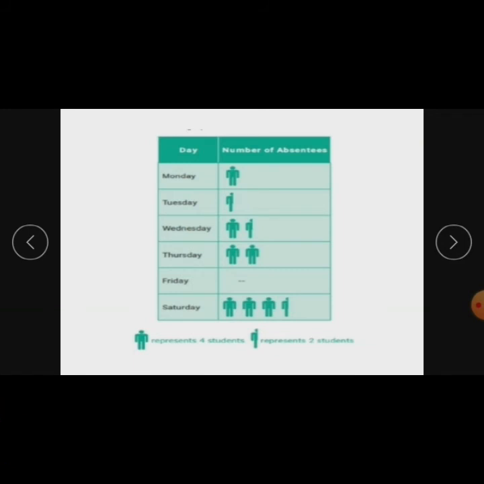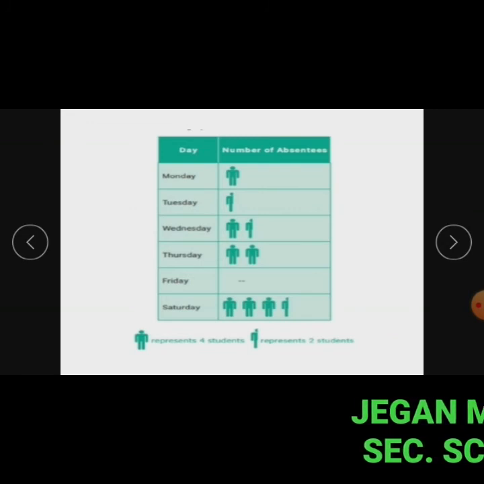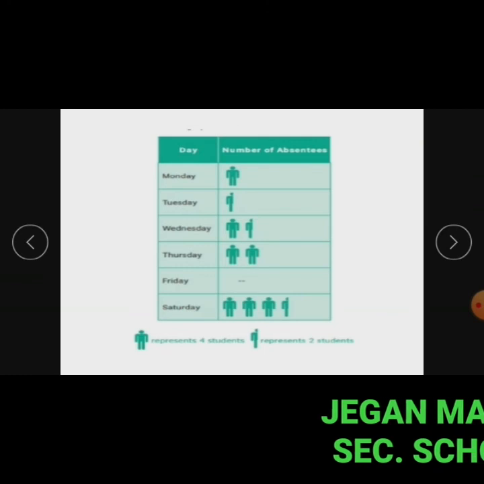On Monday, 4 students, number of absentees are 4. On Tuesday, 2 students. On Wednesday, 6 students. On Thursday, 8 students. Friday, there are no absentees. Saturday, 14 students. Number of absentees equal to 14.